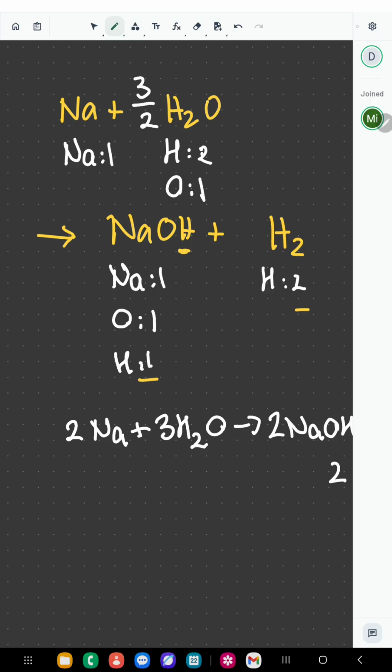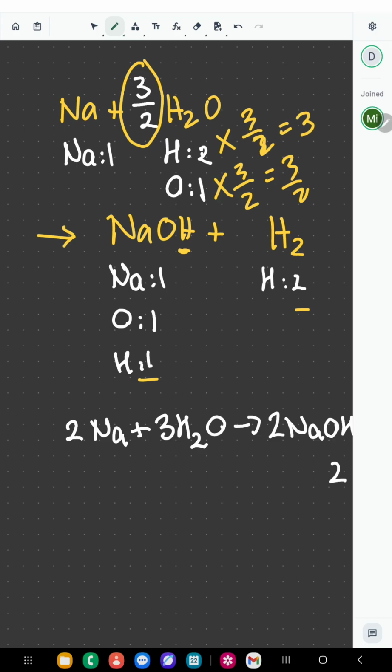It's not the same. Look. So you multiplied here, right? 3/2. So that means the oxygen is also multiplied by 3/2. This is 3/2. Then your hydrogen is multiplied by 3/2. So this would become 3. So it's not balanced to the other side.